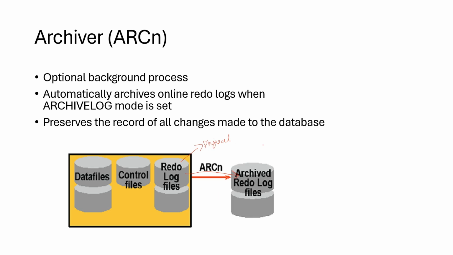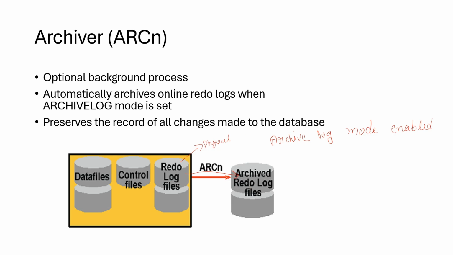Whenever a redo log gets filled, it is immediately backed up to the archive log. Once it is moved to the archive files, the redo log file will be freed up.